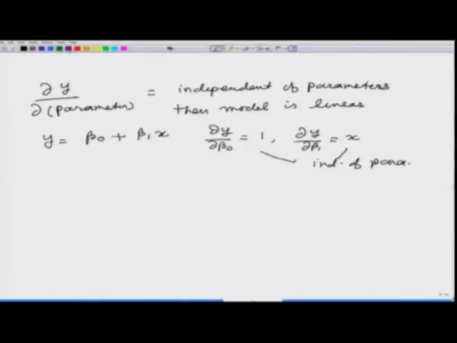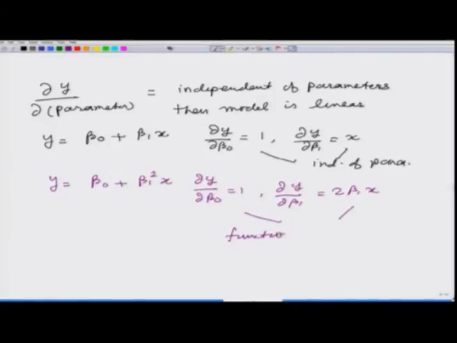Now let me take another example. If y is equal to beta 0 plus beta 1 square x, the partial derivative of y with respect to beta 0 is 1, but the partial derivative with respect to beta 1 is twice beta 1 x, and this is a function of parameters. So in the first case I can say this is a linear model, whereas in this case this is a non-linear model.